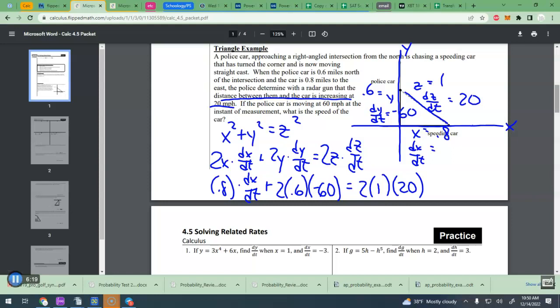Okay. Just for the sake of completing it, I'm sure you can finish it. This would be 1.2 times negative 60, so that's negative 72. So I would add it over here to the 40. That'd be 112. Stop me if I did some mental math wrong. Divide by 0.8.